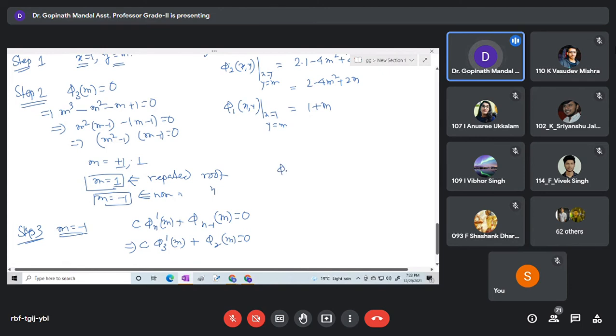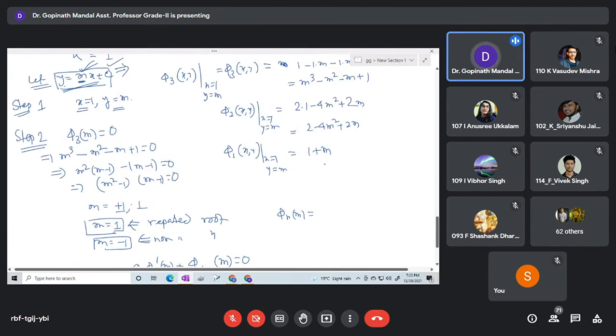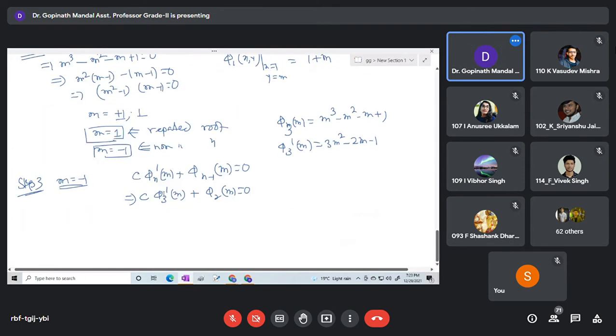Now phi 3 m equal to m cube minus m square minus m plus 1. So phi 3 dash m, the derivative with respect to m, is 3m square minus 2m minus 1. So this will be c into 3m square minus 2m minus 1 plus phi 2 m.